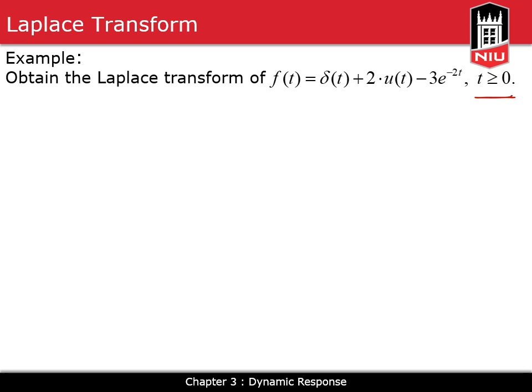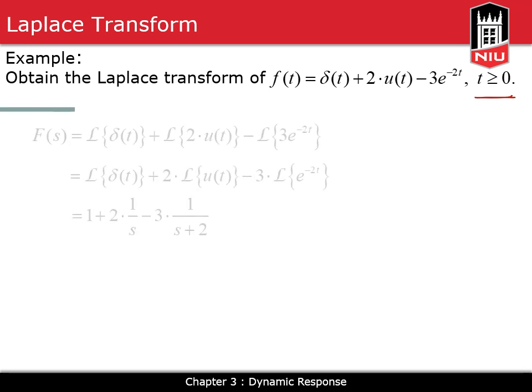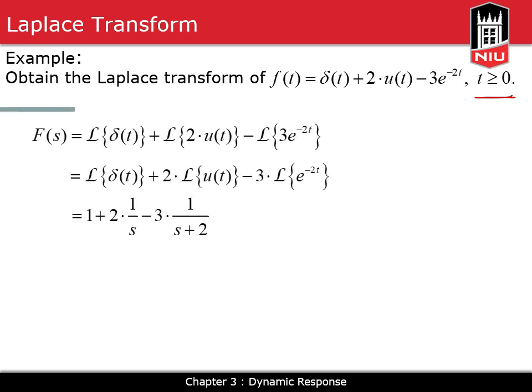To apply the Laplace transform on this function, first thing that we can use is the linearity or the superposition. Laplace transform of the entire function will be equal to Laplace transform of the first term plus the Laplace transform of the second term minus the Laplace transform of the third term, as you can see in the first row.